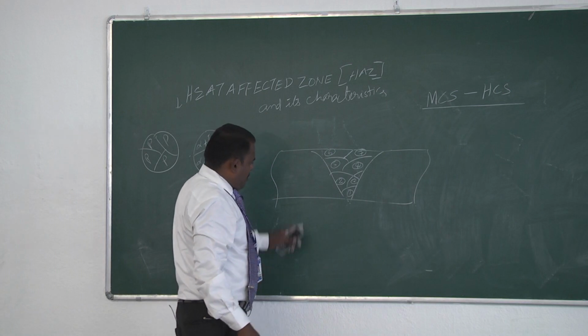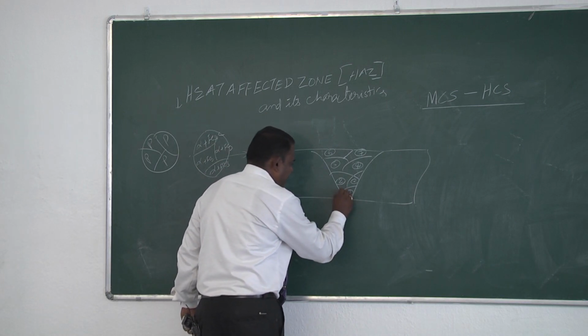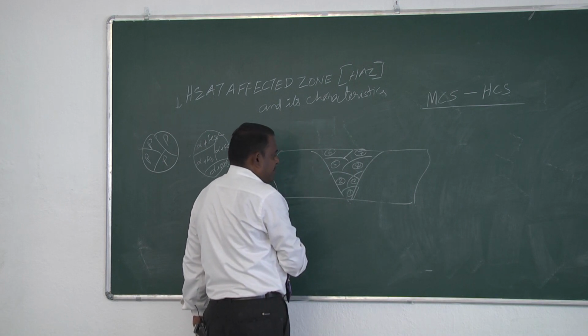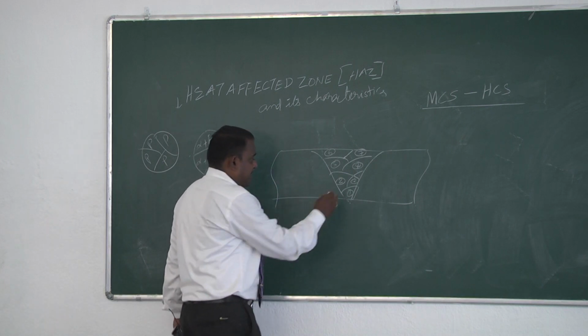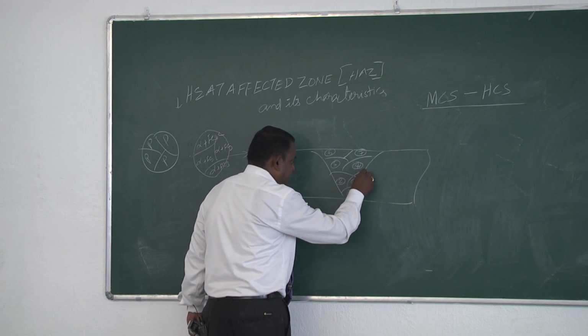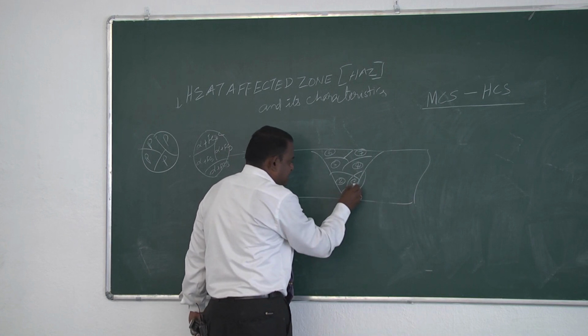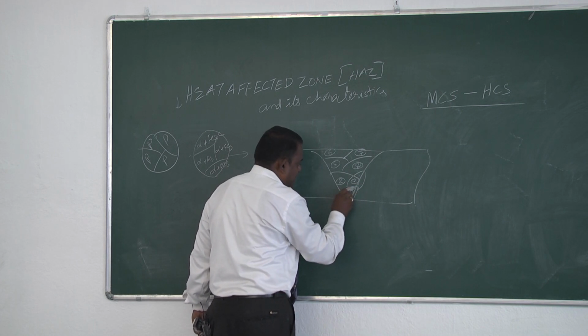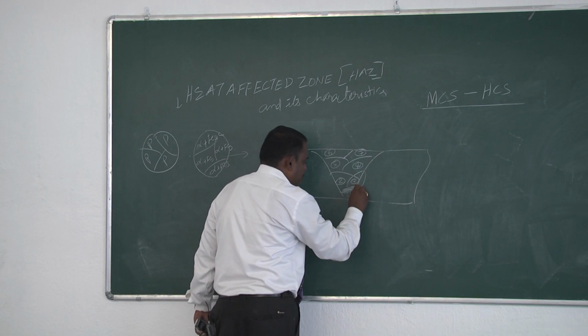Now the heat affected zone of the first layer will be highly affected by the heat affected zone of the second layer. Similarly, the second layer's heat affected zone highly affects the weld deposit of the first layer. This is your original weld deposit. This is the heat affected zone merging.